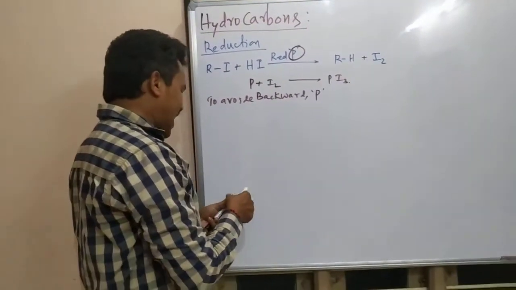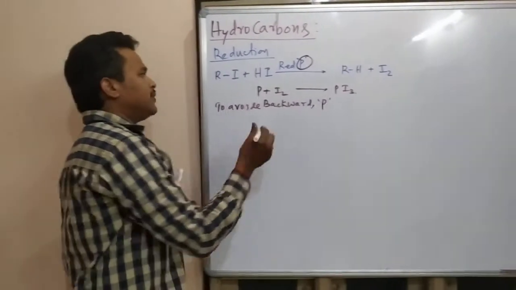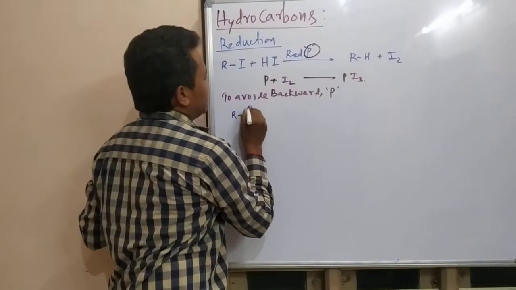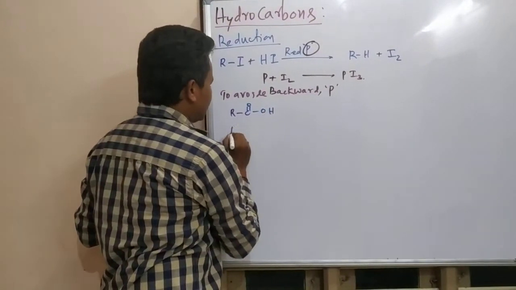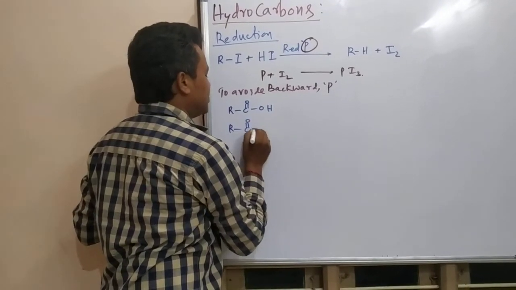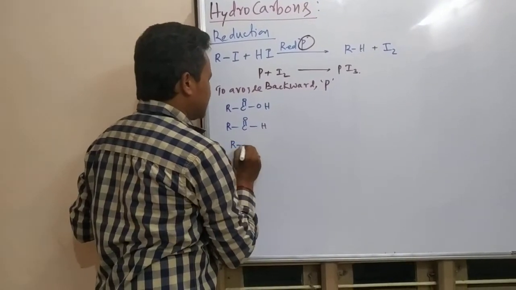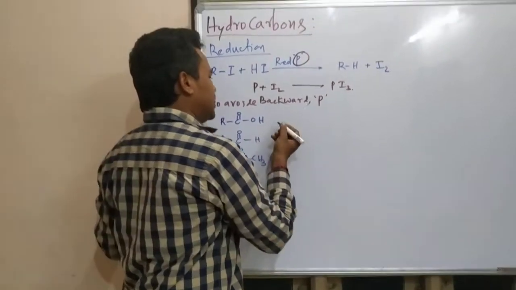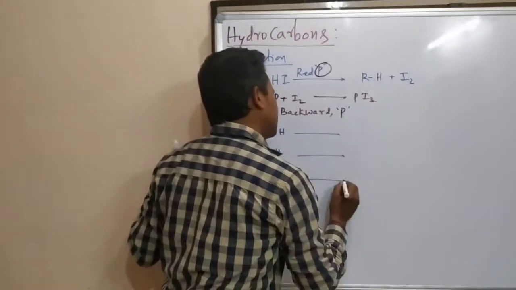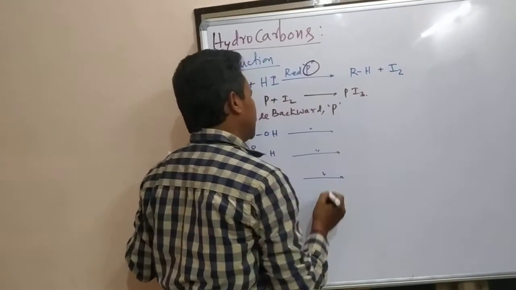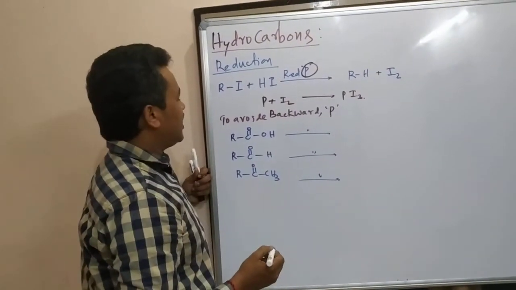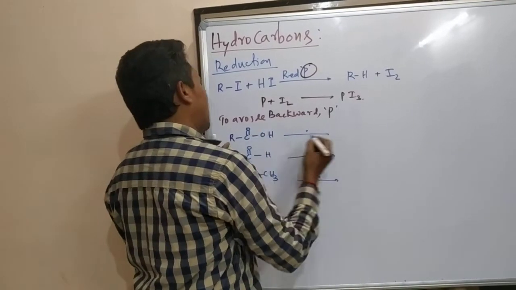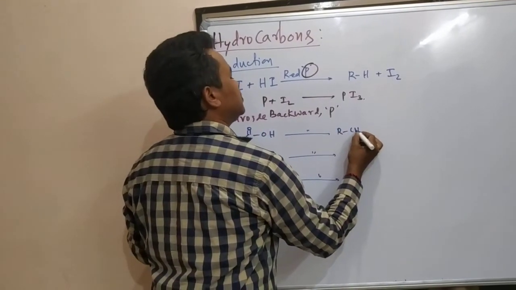And next, other reduction processes. Like this, many we can take. Some acid we can take, C double bond OH, otherwise some aldehyde we can take, C double bond OH, or anything like this. For all these, we can use the same reagent, that is red phosphorus here. Here there will be a reduction process. In this process, all of these will give RCH3.